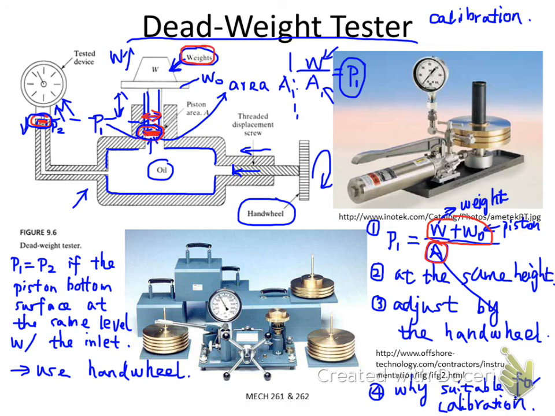So both parameters can be determined very accurately. So that's why finally the applied pressure here will be determined accurately. That's the major reason the dead weight tester can be used for pressure sensor calibration.